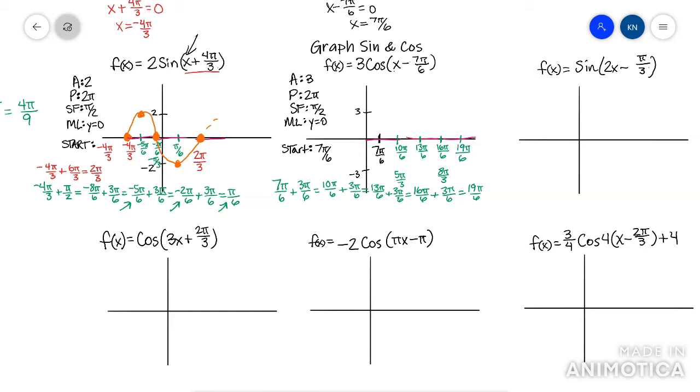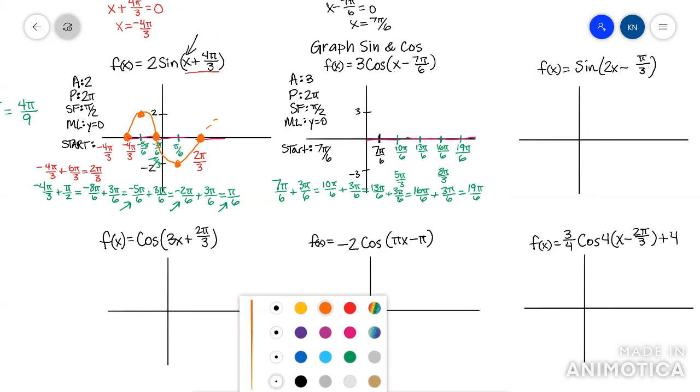So you could have gotten this one by adding 2 pi to the start. That would have worked, because you would have added 12 pi over 6, which is 2 pi, and you would have gotten 19 pi over 6. Or you can get it from your scale factor as long as you keep going all the way to the end, just like that. So once you have all this down, this problem becomes pretty easy.